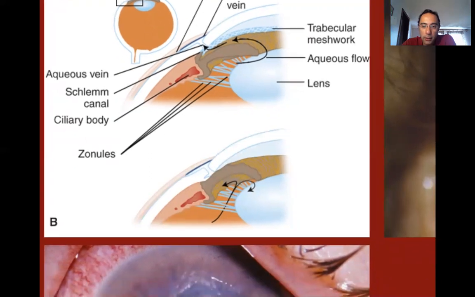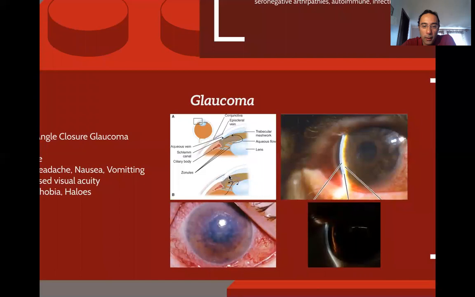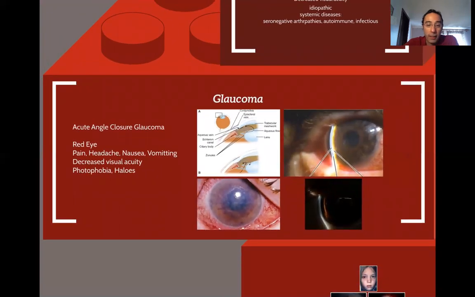But in acute angle closure glaucoma, the iris comes into close contact with the cornea so that there is no trabecular meshwork for the aqueous humor to leave the eye, which increases the intraocular pressure enormously so that the patient has real pain, and it may even cause nausea and vomiting.